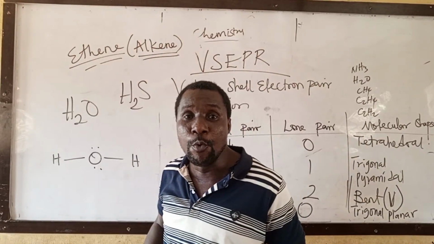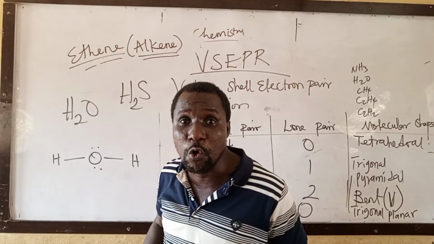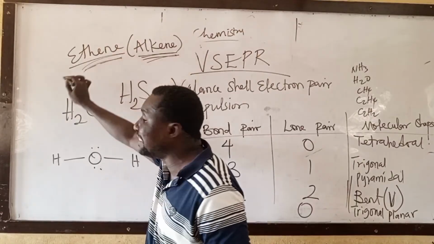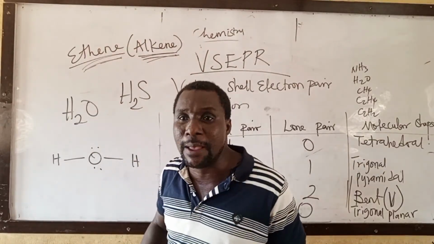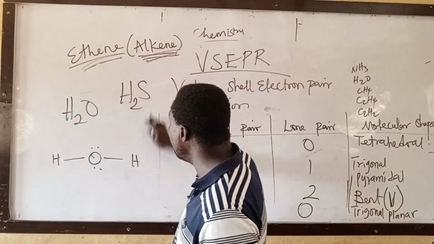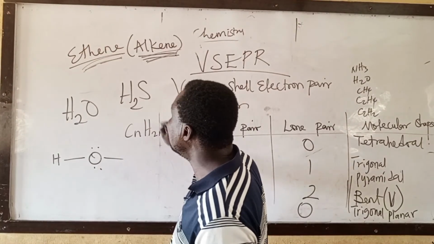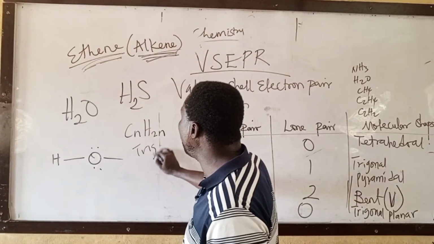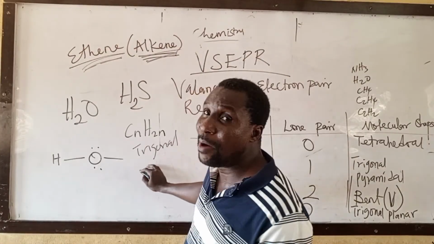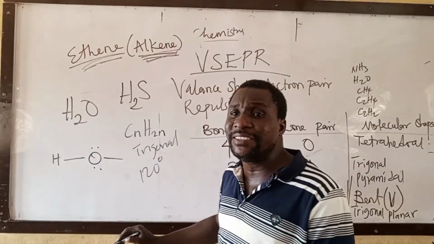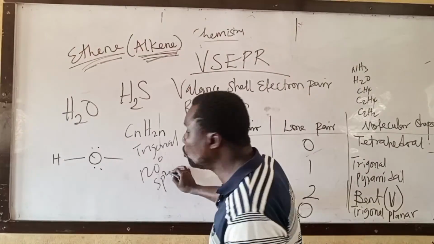Alkene is a homologous series. The first member of alkene is ethene. It has a general formula of CnH2n. The shape is trigonal planar. The bond angle is 120 degrees. The hybridization is sp2.